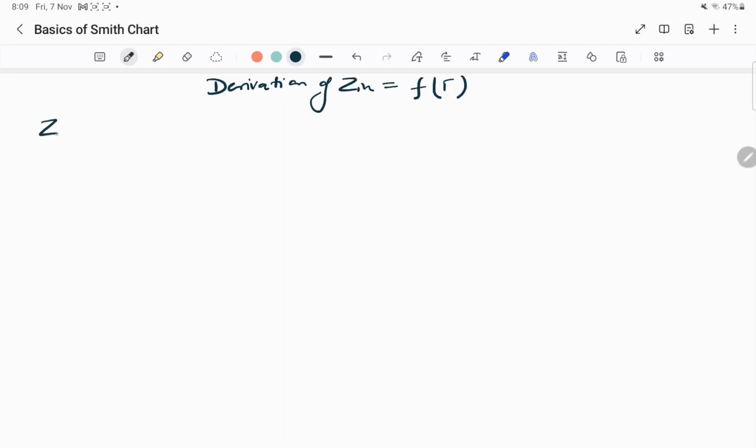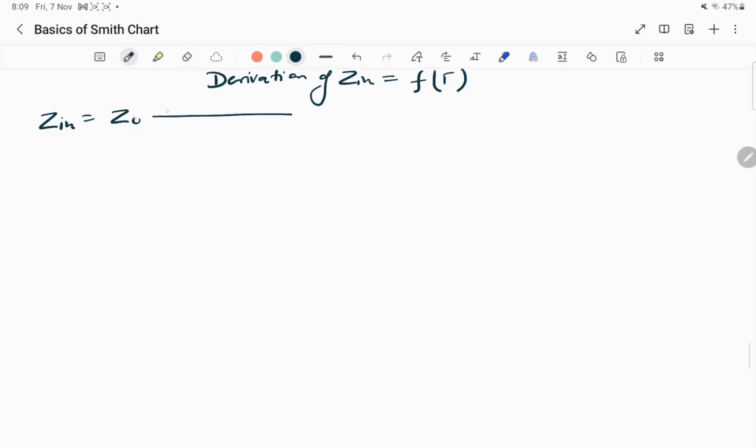So we know that Zin is equals to Z0 into (ZL plus jZ0 tan beta L) divided by (Z0 plus jZL tan beta L).